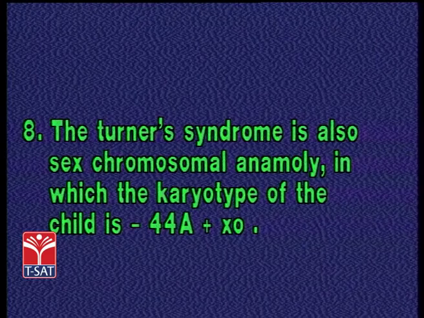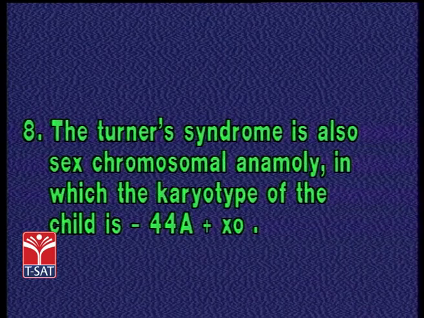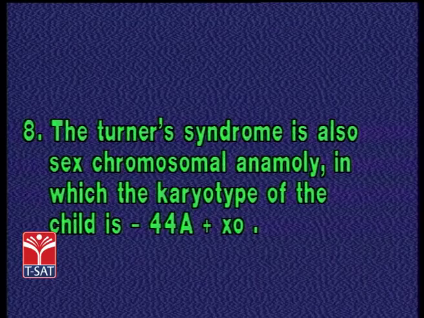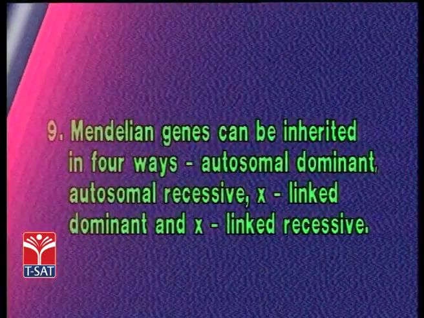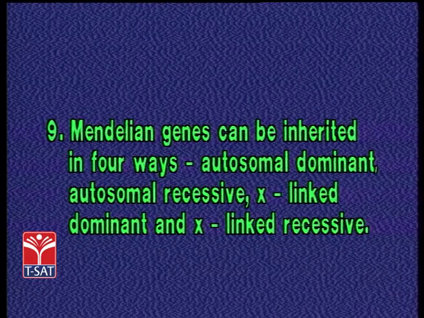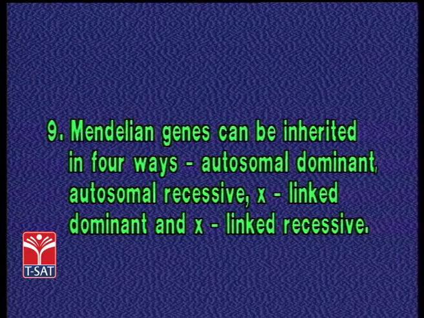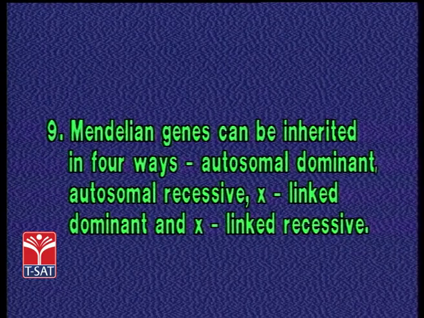Number 8, the Turner syndrome is also sex chromosomal anomaly in which the karyotype of the child is 44 autosomes plus XO. Number 9, Mendelian genes can be inherited in 4 ways: autosomal dominant, autosomal recessive, X-linked dominant, and X-linked recessive.